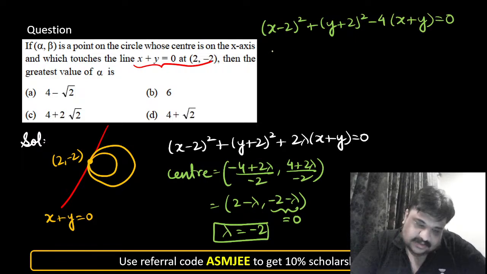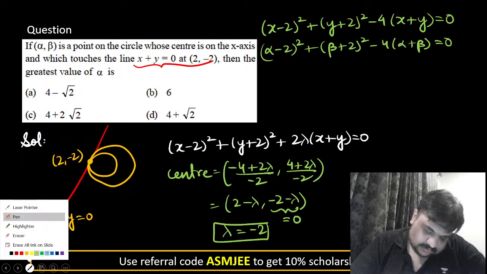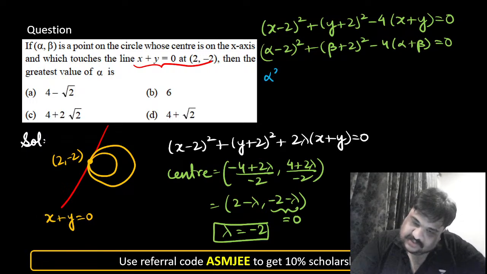Cool looking circle. Now alpha comma beta is a point on the circle and you have to find the maximum value of alpha. Awesome. So let's substitute alpha comma beta: alpha minus 2 whole square plus beta plus 2 whole square minus 4 times alpha plus beta is equal to 0.